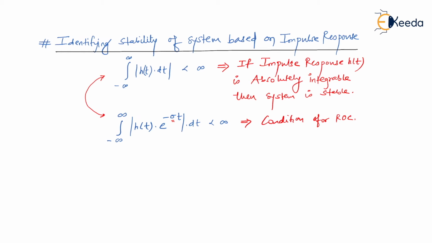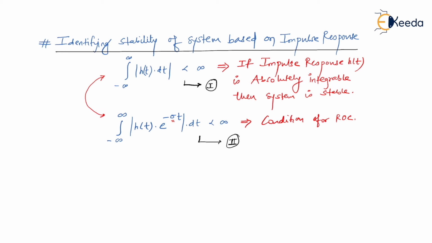Let me name this as 1 and this statement as 2. See, 1 and 2 have got their own significances. The significance of the first integration is to define whether the system is stable or not, and 2 has its own significance to decide the condition for ROC.